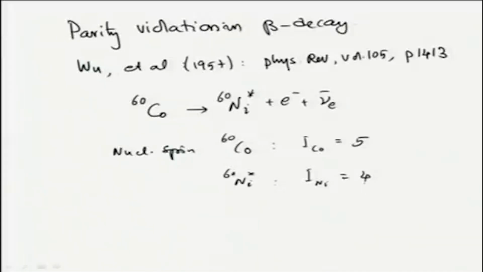The first thing was to actually align all this in a particular direction. For that, they used a large magnetic field and cooled the sample to a low temperature, then observed the decay properties.